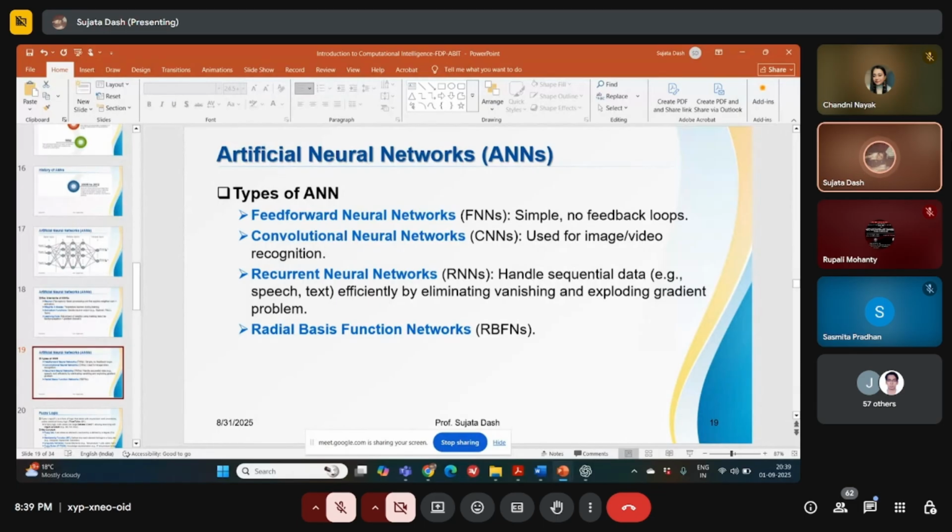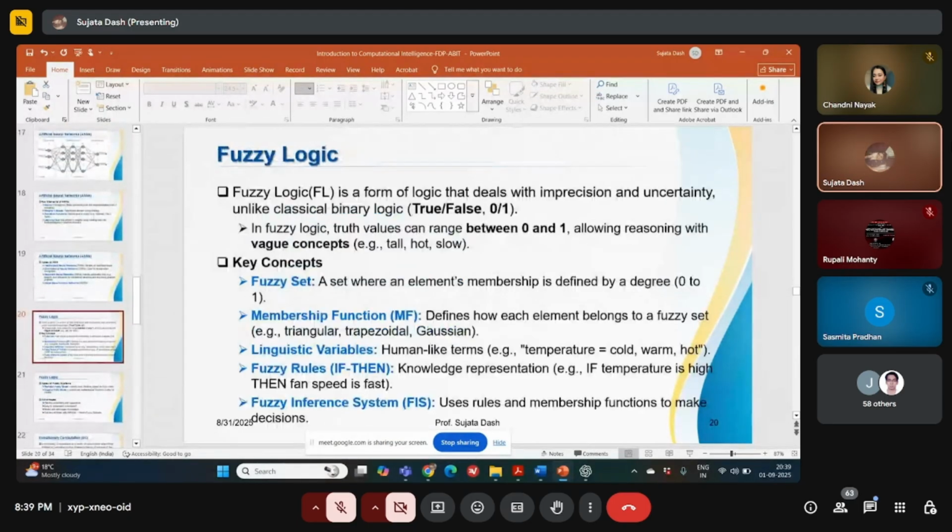Then modular neural network, multiple small networks combined together, and they work unitedly. Then deep neural network, with multiple hidden layers for complex problems, so that they can analyze the problem in depth and find the best solution for the problem.